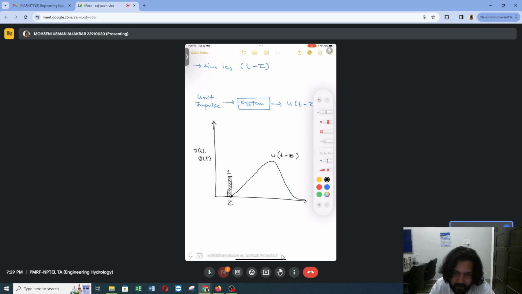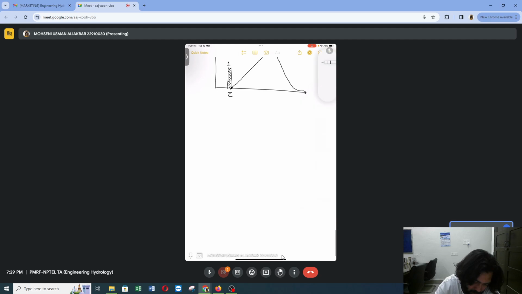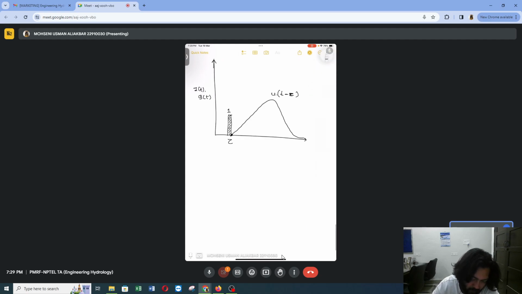Now, we can apply the principle of proportionality and the principle of superposition to the same system. So first we are going to apply the principle of proportionality. By the principle of proportionality, we have to multiply the input impulse with some constant value. Let us say that constant value is 3. So we multiply 1 with 3, right?